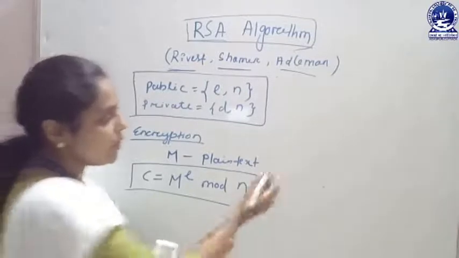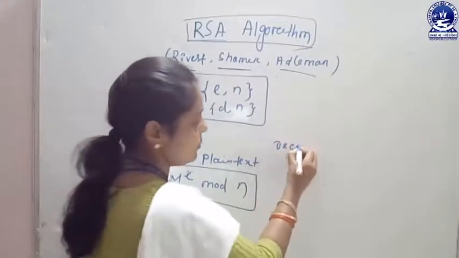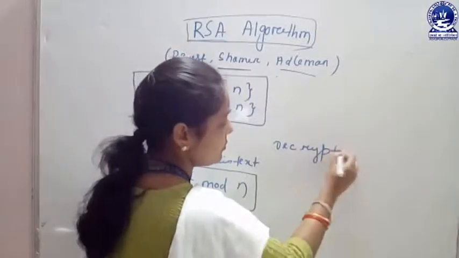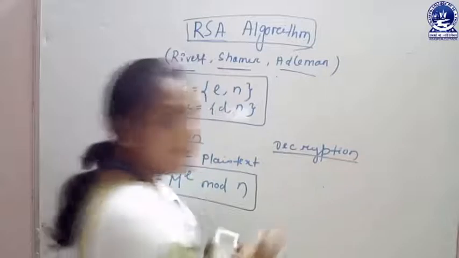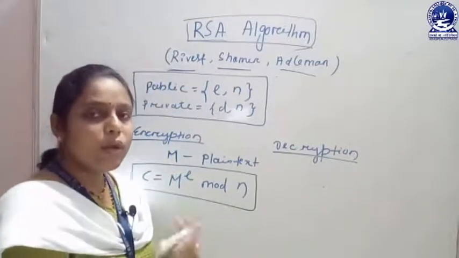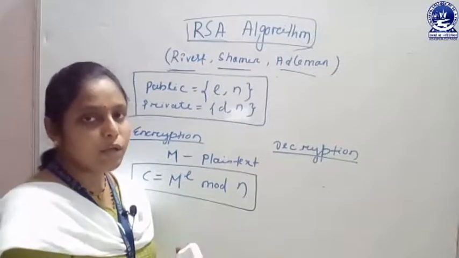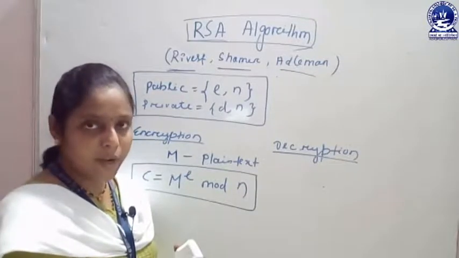Now look at the decryption process. In the decryption process, we always take the ciphertext and use the decryption algorithm to convert it into the plain text.